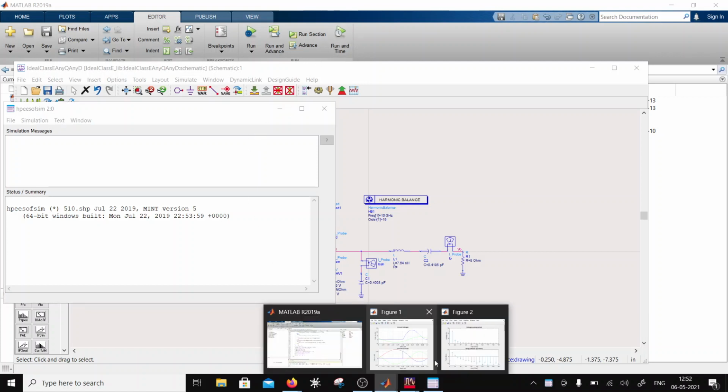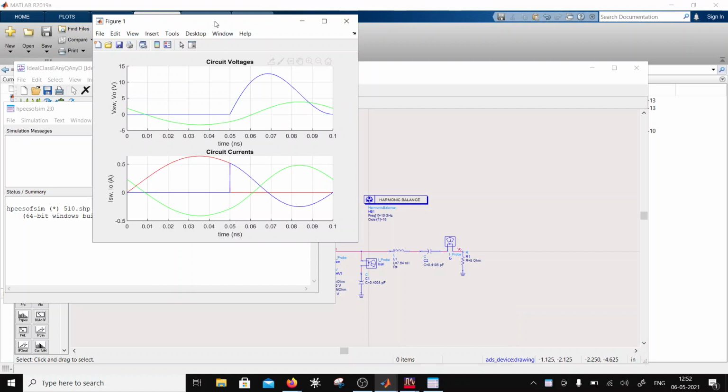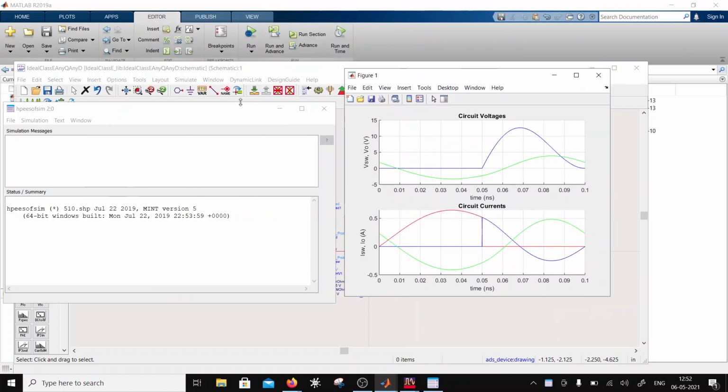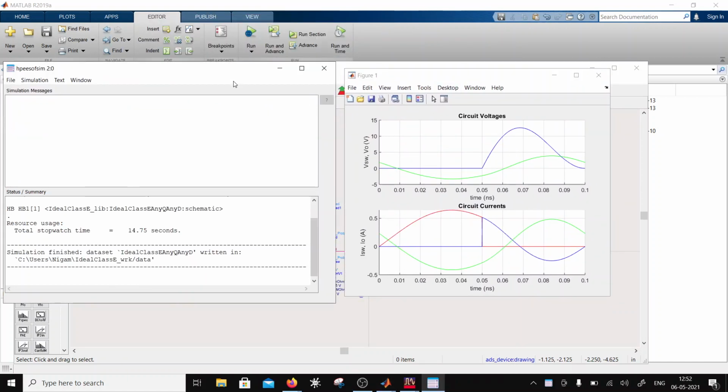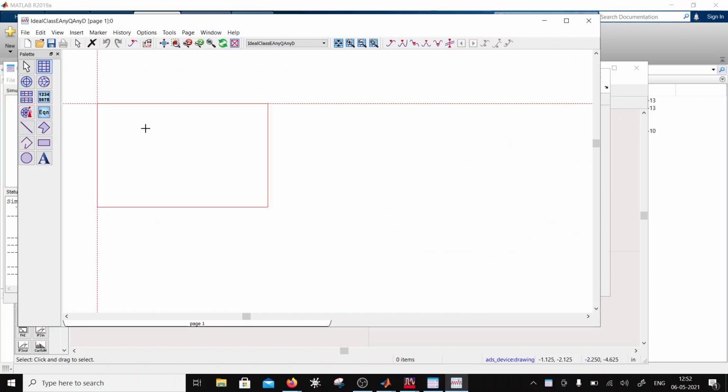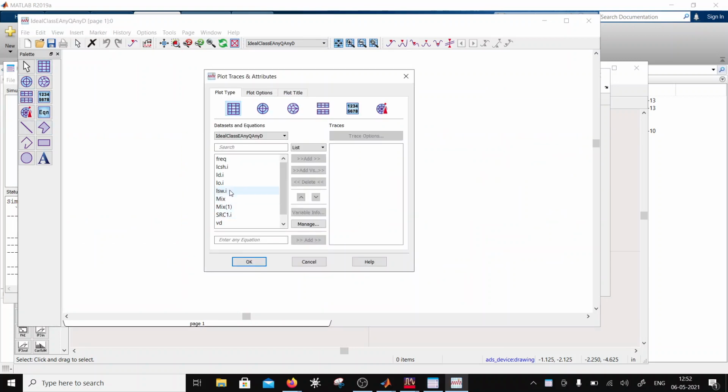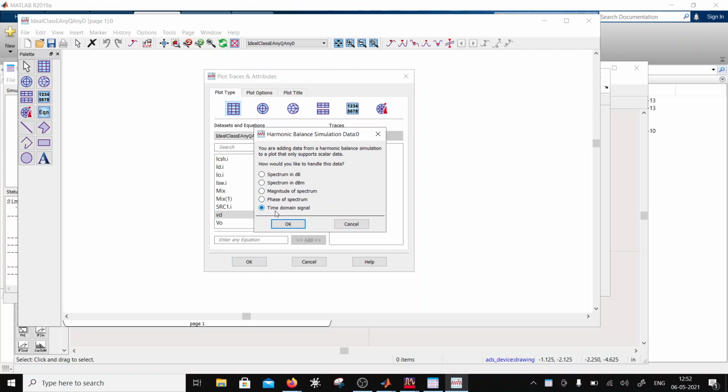Okay, so this is the Matlab response, and now I'm going to compare this to harmonic balance here. So I'm going to plot the voltage waveform across the switch. VD, I'm going to plot, add time domain signal.